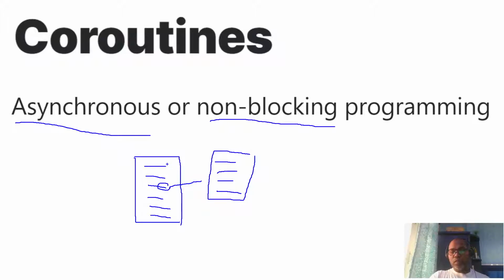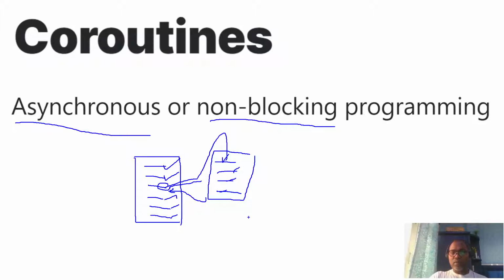So in sequential programming, first this code is executed, then control jumps to the method, that code is executed, and after that control comes back here, and then the next statement, and the next statement. This is the nature of synchronous programming.